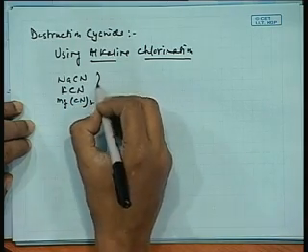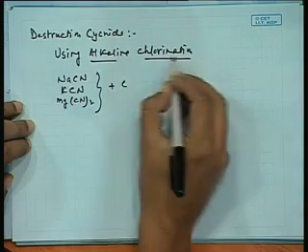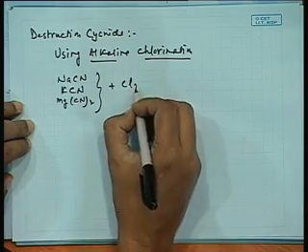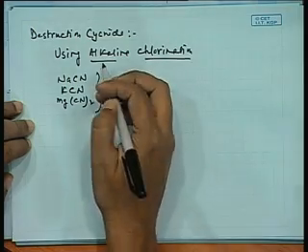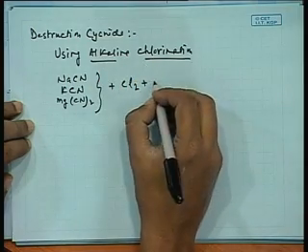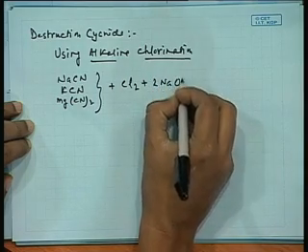All these substances should be reacted with alkaline chlorination. This is chlorine gas and the chlorinated alkaline solution, that is NaOH.